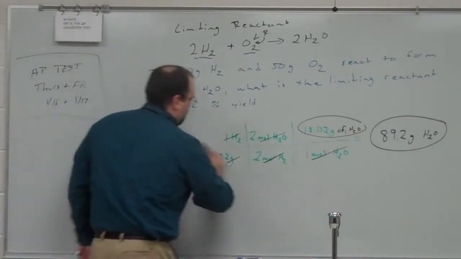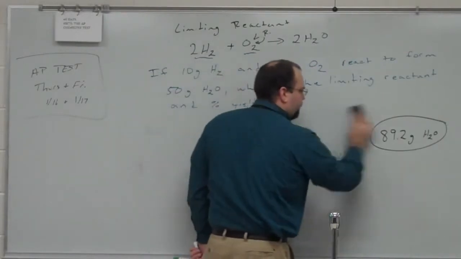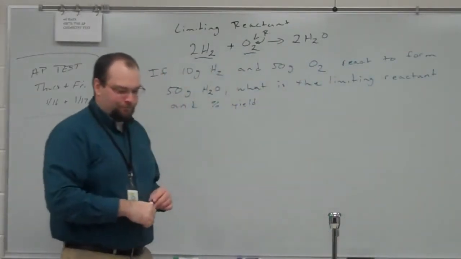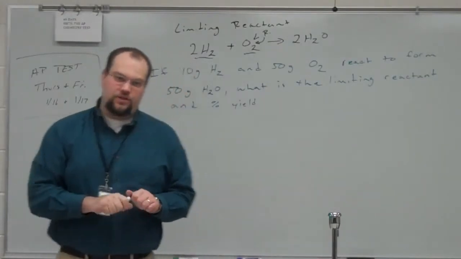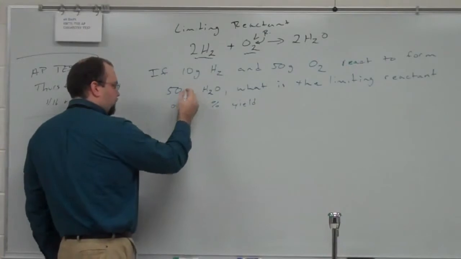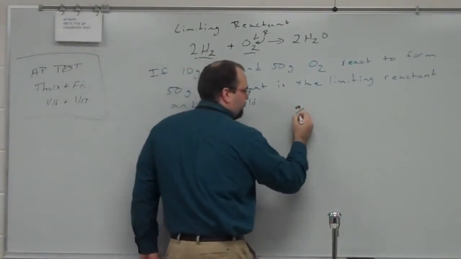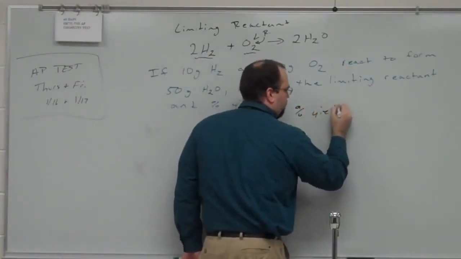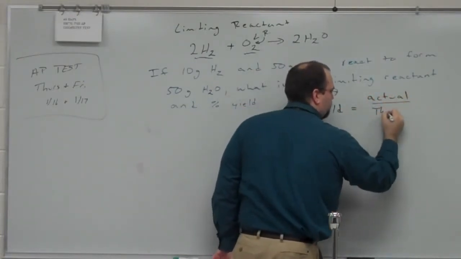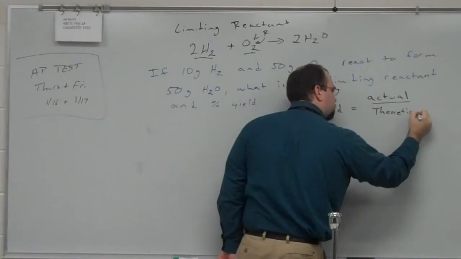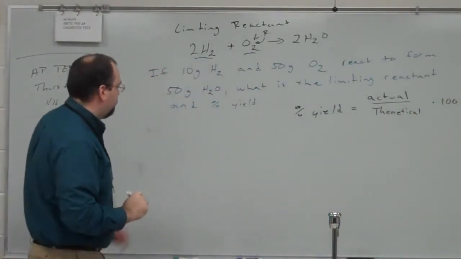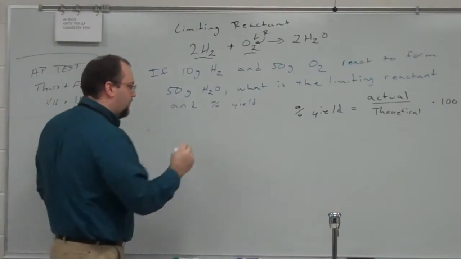Let me erase this work because I need a little bit more room. It also asks for the percent yield to know exactly how accurate or how well the laboratory conditions did. Well, I know that my percent yield, let me write the equation, is actual over theoretical times 100. I know my actual is 50 grams of water. So 50 grams of water formed.